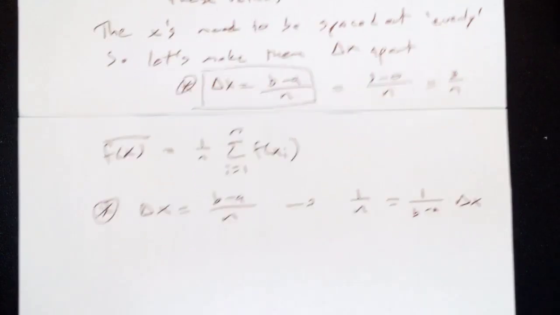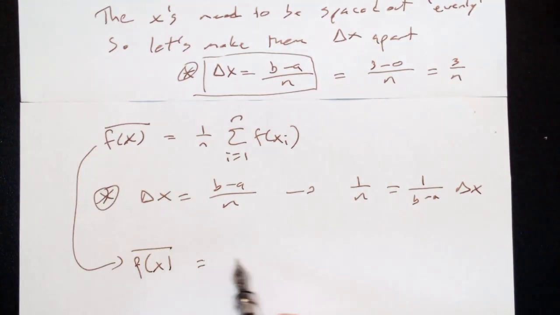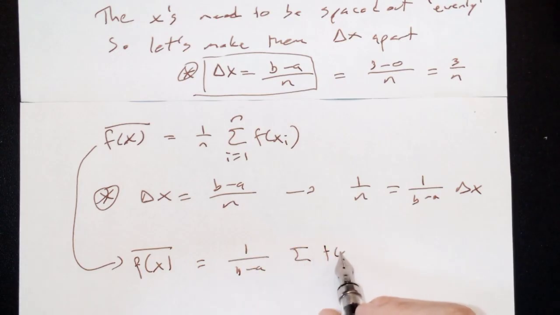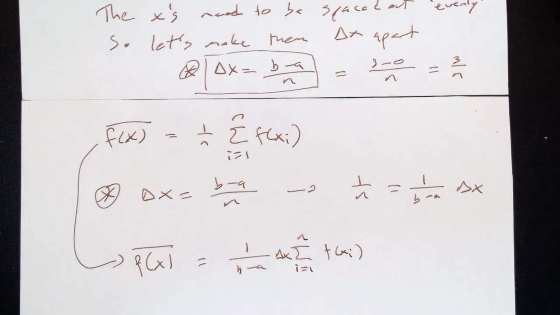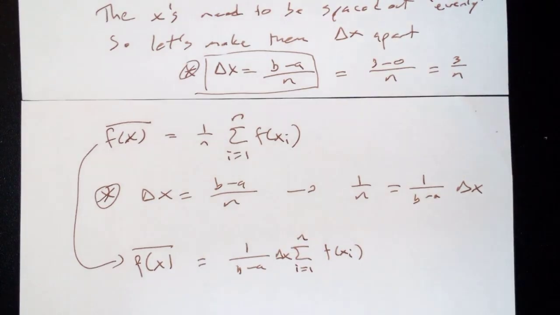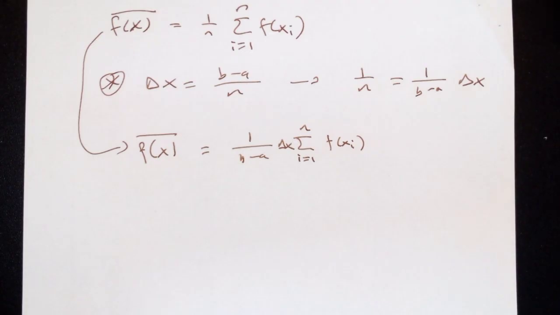Let's put that back in our expression here. So instead of 1 over n, I now have 1 over b minus a times delta x. Delta x is a number, right?